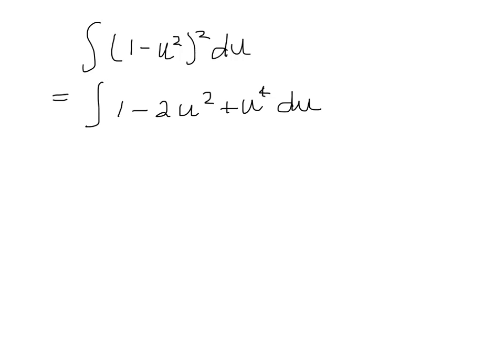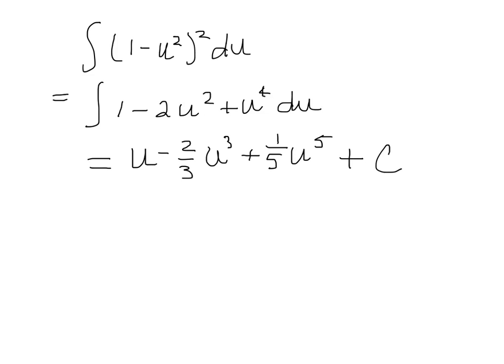We're just going to use the power rule: add 1 to the power, divide by the new power. So we're going to have u minus 2/3 u cubed plus 1/5 u to the fifth. Since we don't have limits, we're going to say plus c.